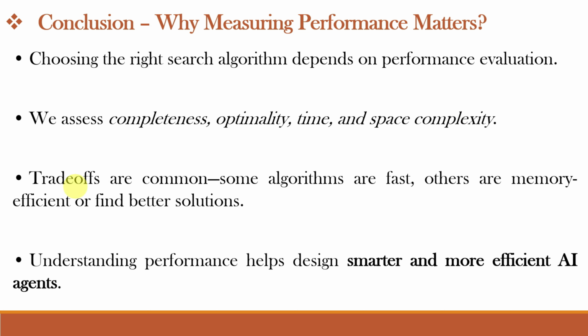However, in many real-world problems, we must balance speed, memory and solution quality. So knowing when to use a simple, fast method or a slower optimal one helps us build intelligent agents that can solve problems effectively in different environments. So performance measurement is not just theory, it guides the real world applications of AI.